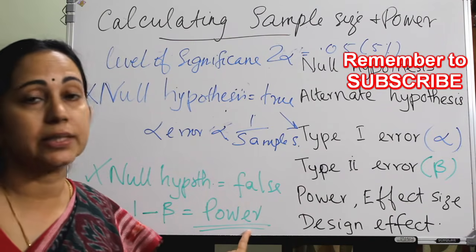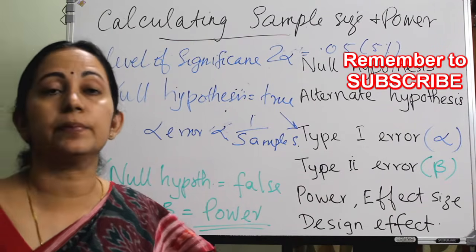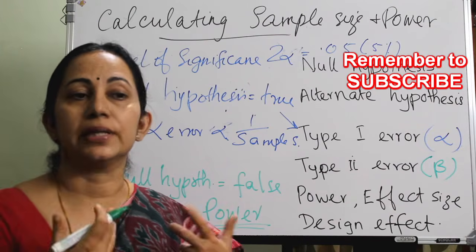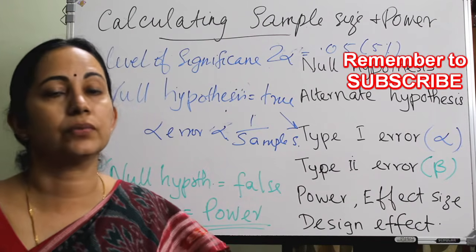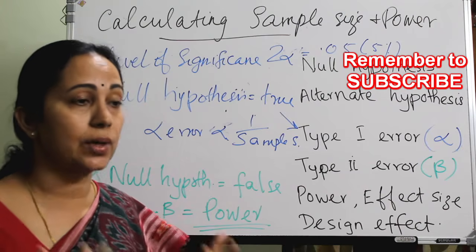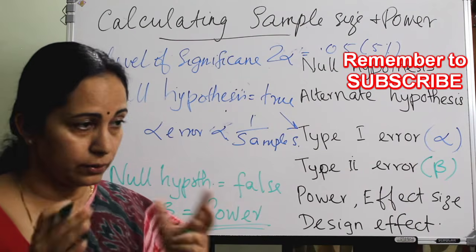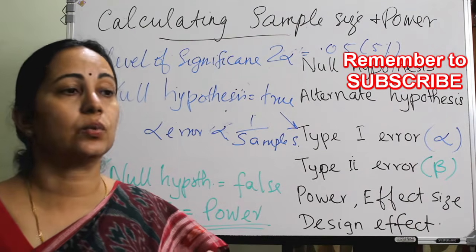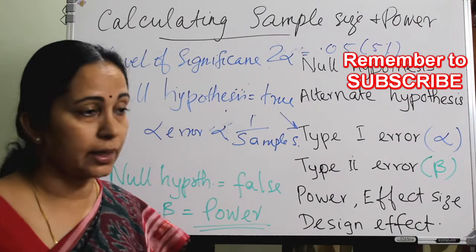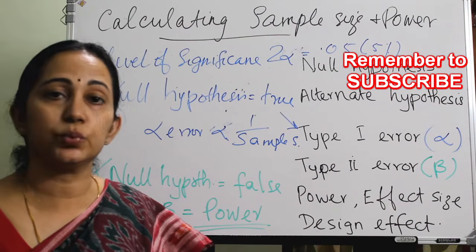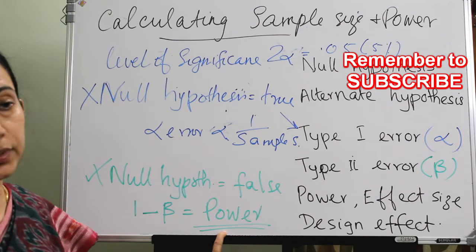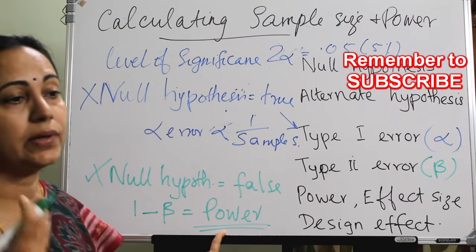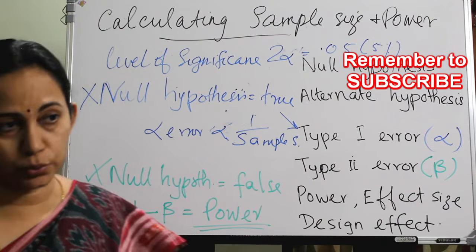So this power is directly proportional to the sample size. When the sample size increases, the power of the study increases. That is to correctly identify the association between exposure and outcome, or correctly identify a relationship between two variables, this power is needed, and when the sample size increases, the power also increases.